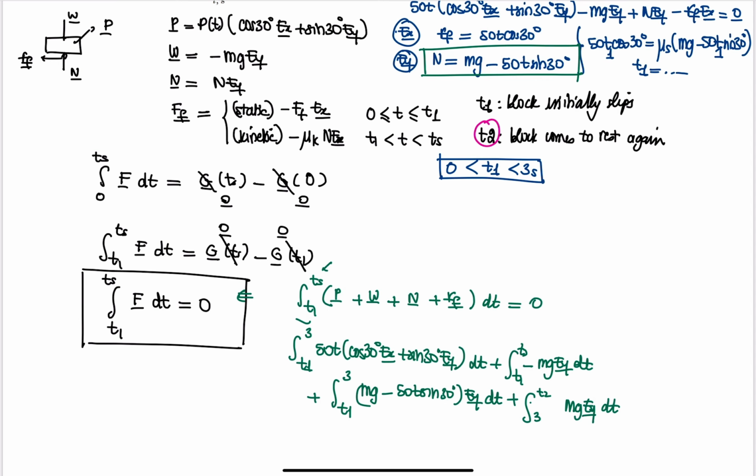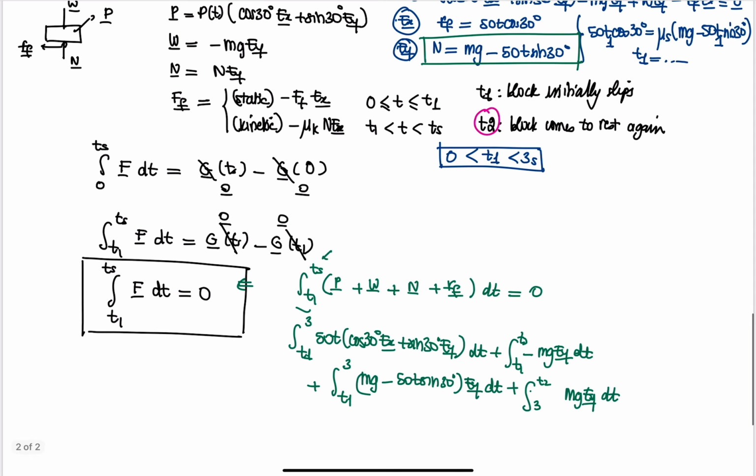And then the friction force. From T1 to Ts, the friction force is now kinetic because we're going to start slipping. So it's equal to minus mu k N. N depends on P, and P is discontinuous, so I have to split this integral again.